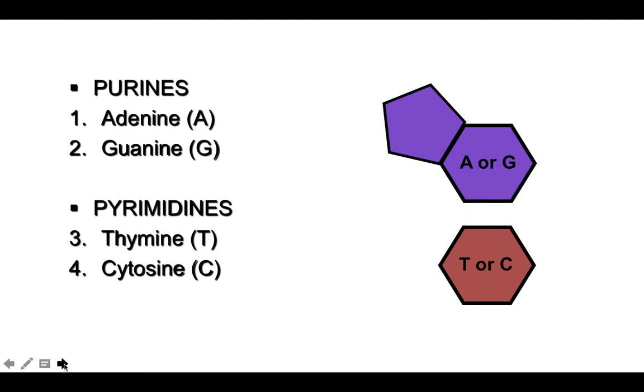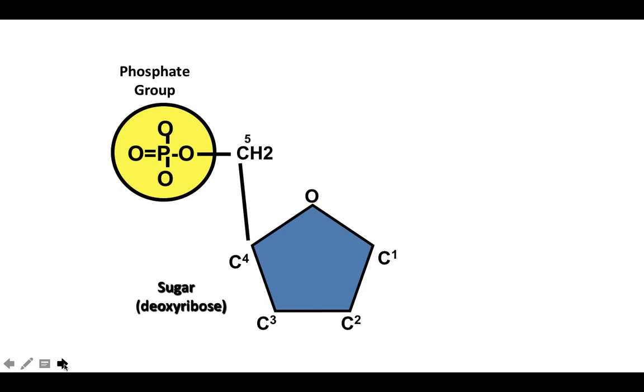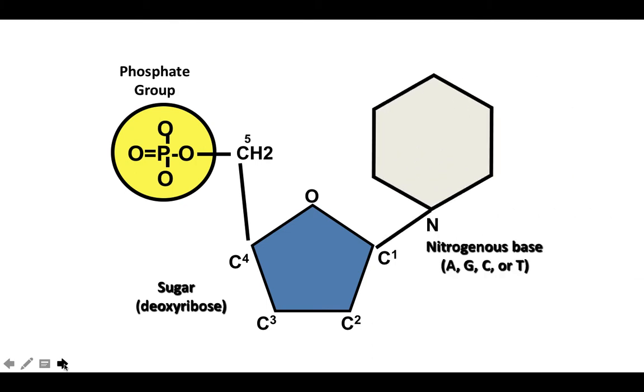Now, together with our DNA backbone, consisting of two important molecules, the sugar deoxyribose and the phosphate group that is linked to its carbon number 5, we can actually appreciate the spatial relationship of the nitrogenous base. The nitrogenous base could be any of the purines and pyrimidines that we have discussed in the previous slide.